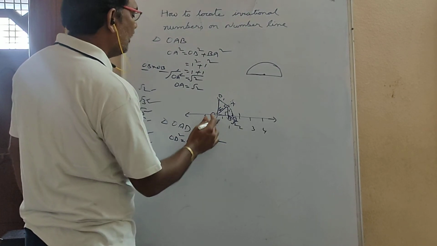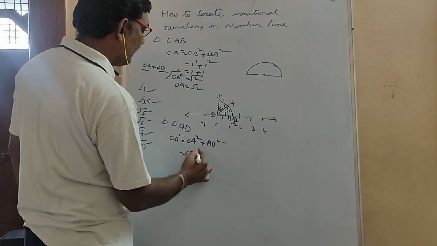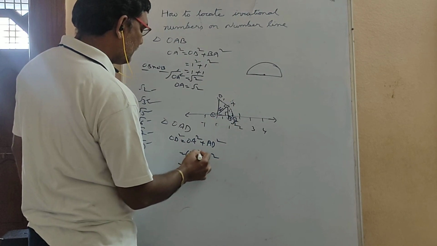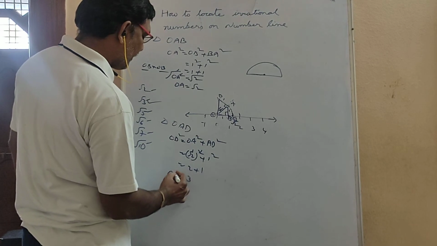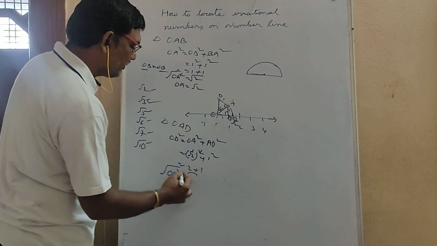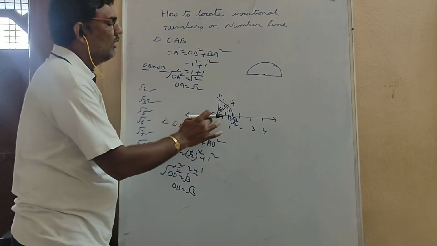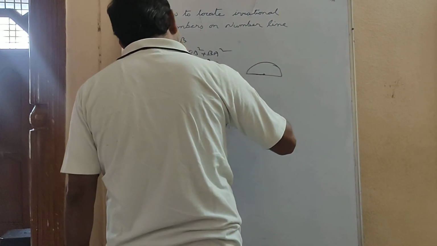Very good. OA is root 2, so OA square means root 2 square. What is AD? 1. 1 square. Square and square cancelled. 2 plus 1 is 3. OD square is 3. Take square root on both sides. Square and square cancelled. OD is equal to root 3. O to D distance you got now is root 3.